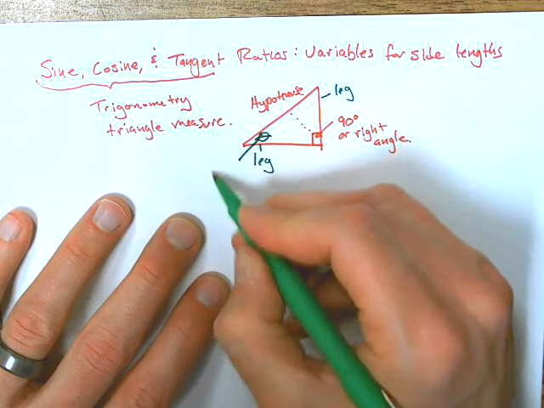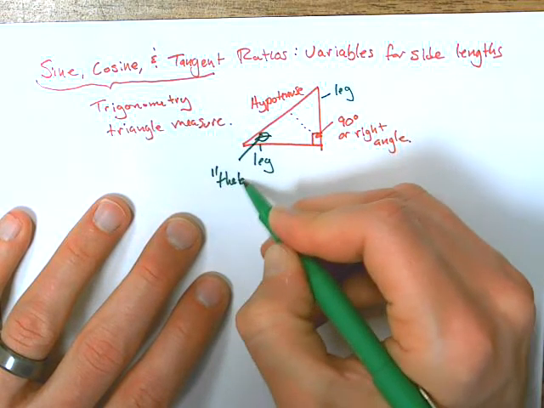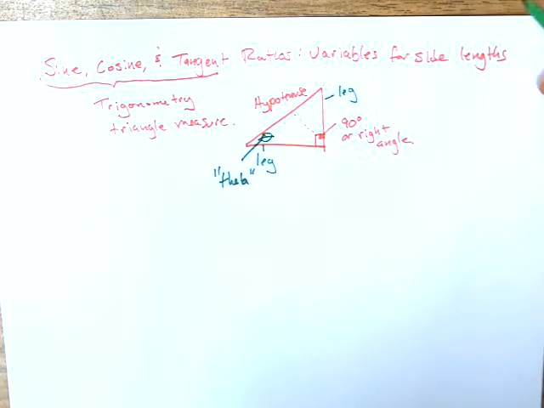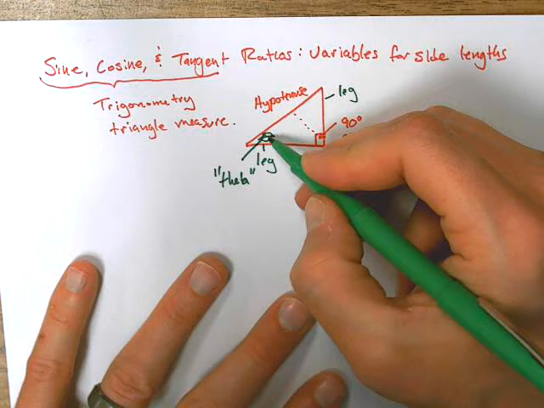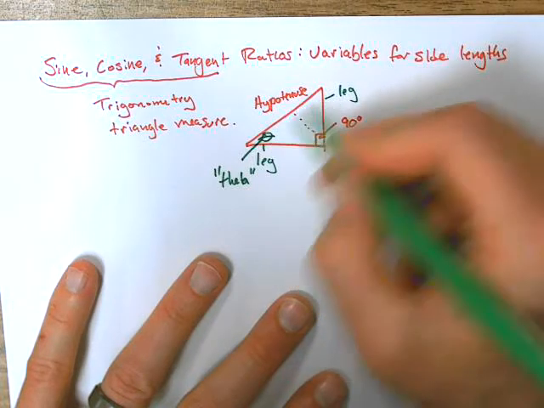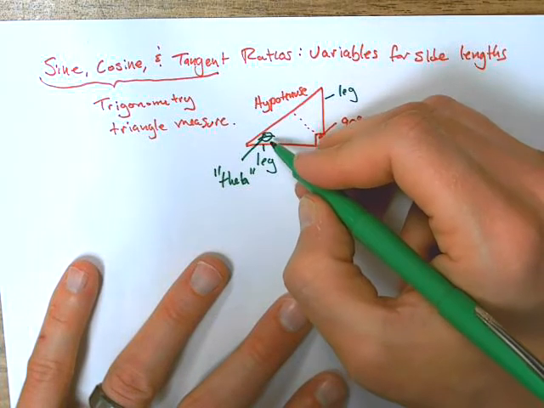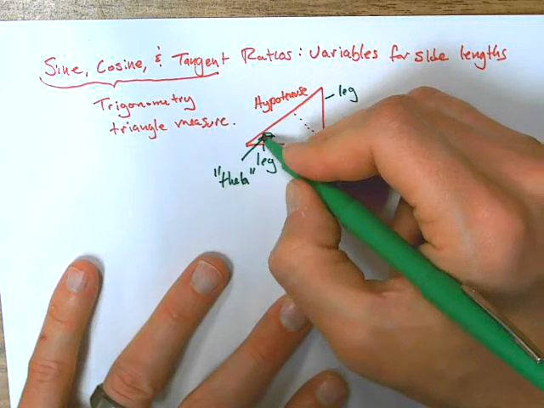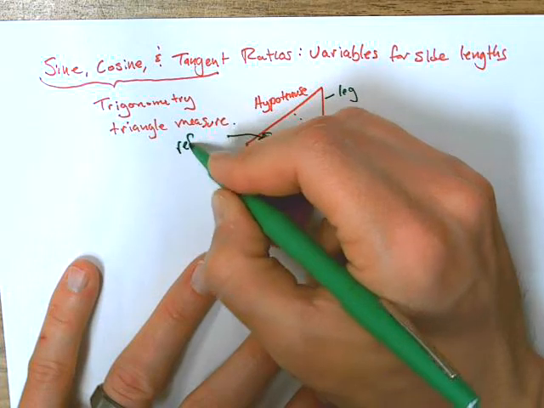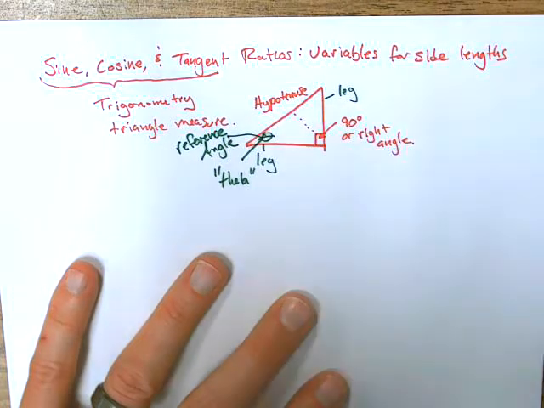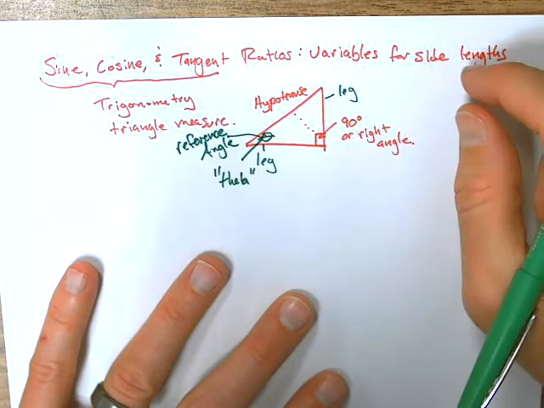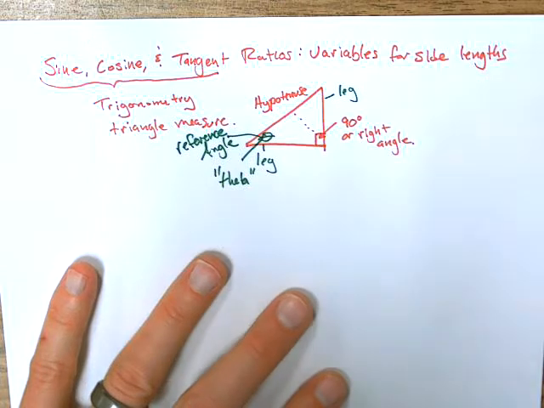That's called a theta, the Greek letter theta. That's usually the variable we use in trig for an angle measurement that we don't know. But once you identify one of these two acute angles, this is called our reference angle. So when you have a reference angle, the sides of the right triangle have special names.